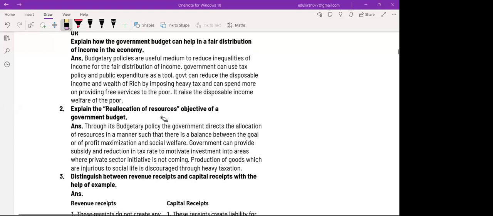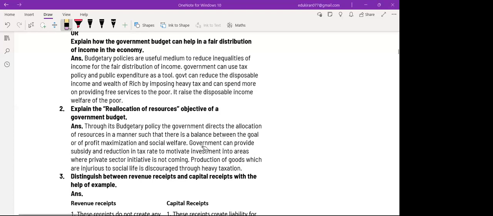This is called resource allocation. So government always makes a budget plan so that it can reallocate resources, deciding how much to allocate to the education sector and how much to health infrastructure.